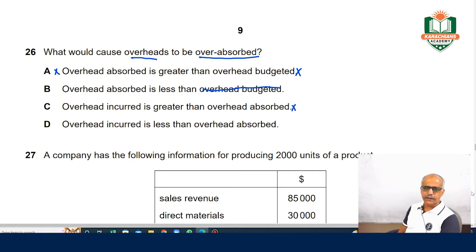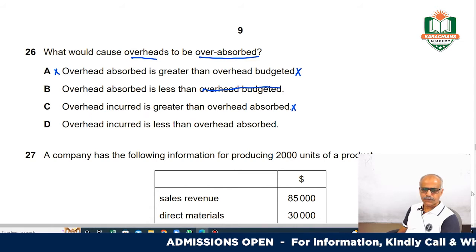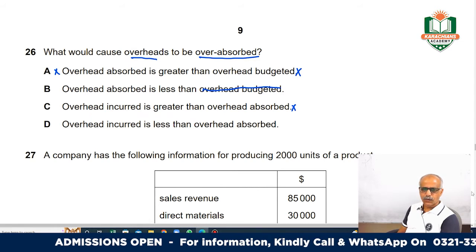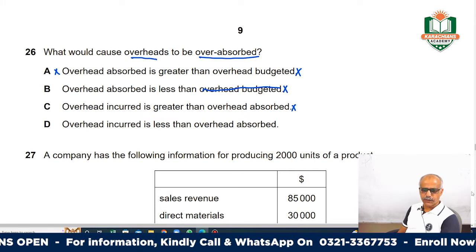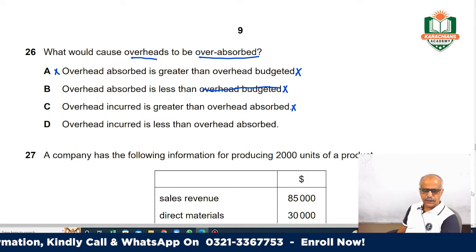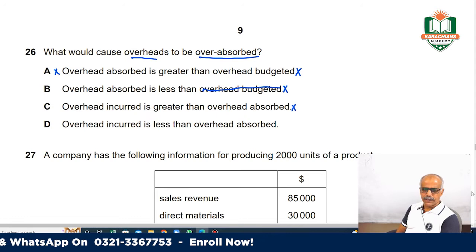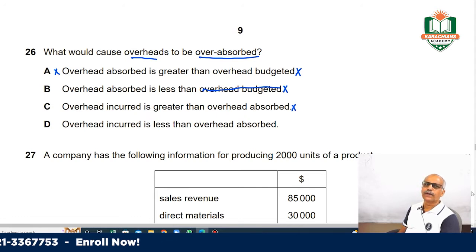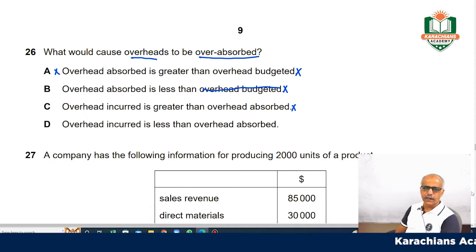This is also not correct, because if overhead incurred is greater, it means you are overspending, so your absorption is less.